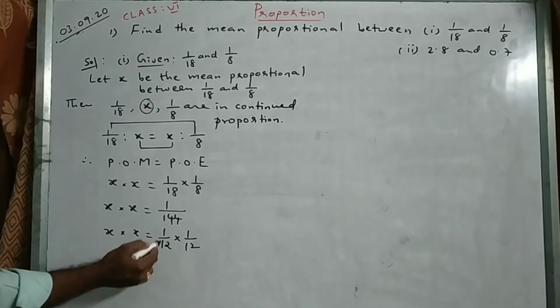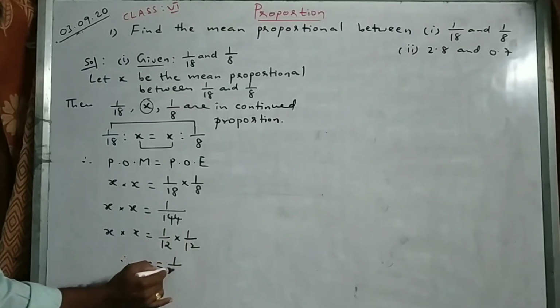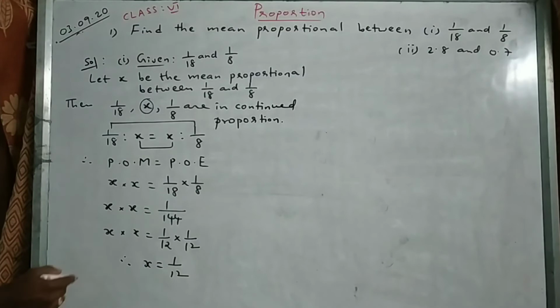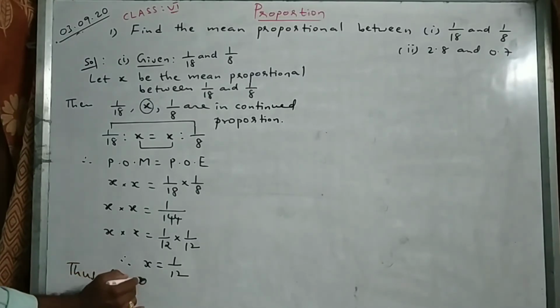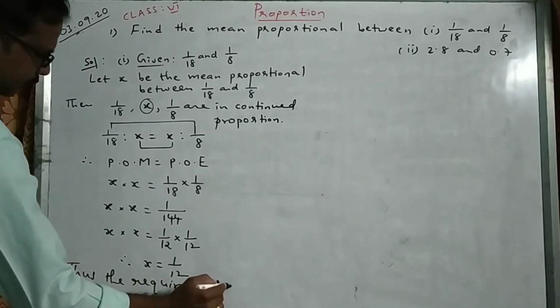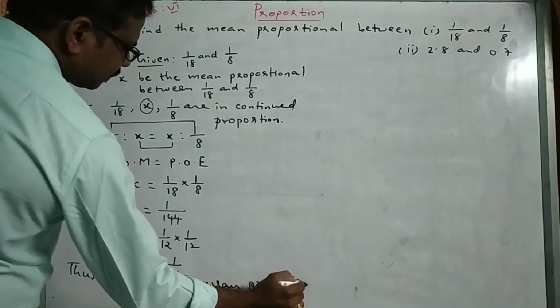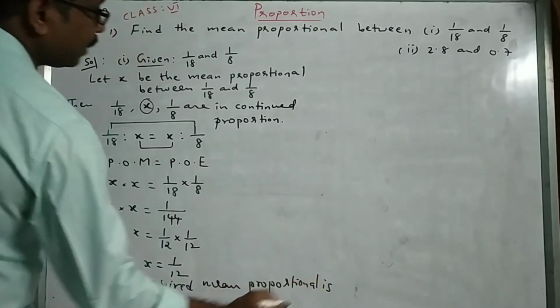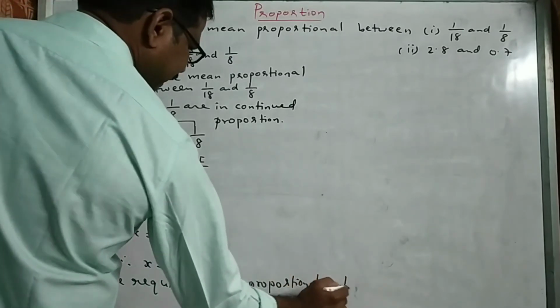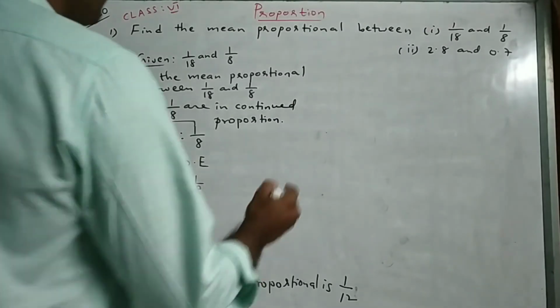That side also we should write 1 by 12 into 1 by 12. Therefore, x value is how much here? 1 by 12. Thus the required mean proportional is 1 by 12. 12 into 12 is 144, right?